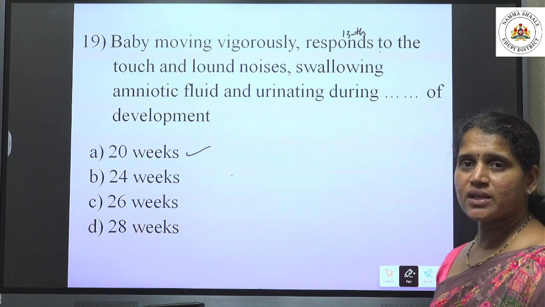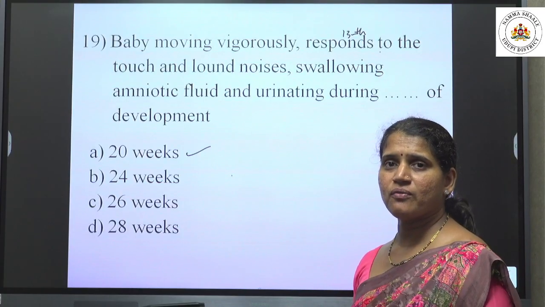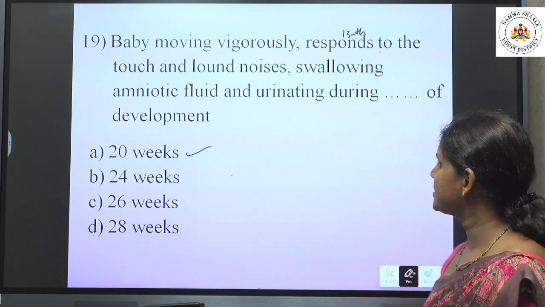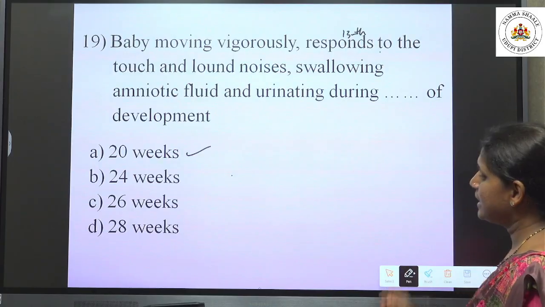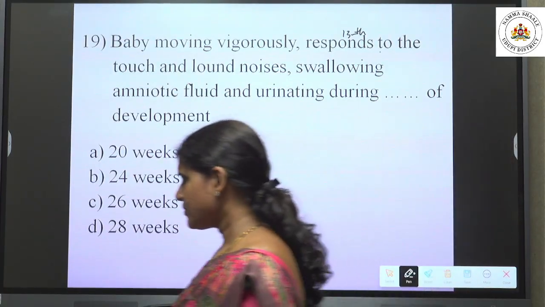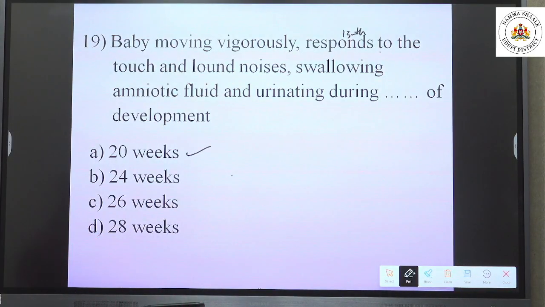This is mainly required for the development of the lungs and respiratory system, as well as the digestive system.